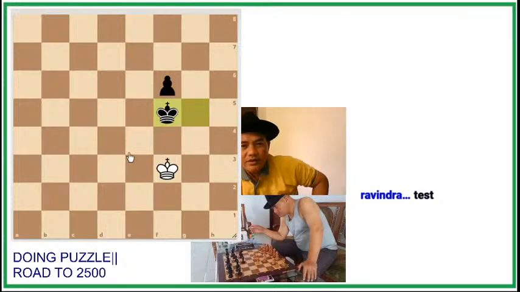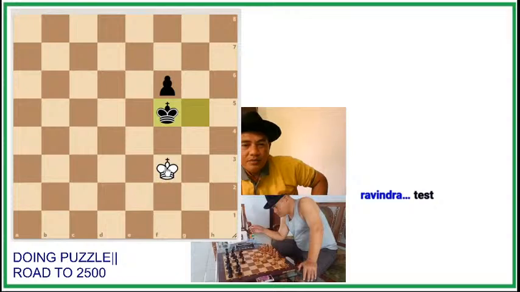Then after black takes, of course we see that when the pawn is on the sixth rank, the key square is here. Then it is white to move, so white is put in zugzwang. He has to move either to the left or to the right, or even retreat his king to the second rank.